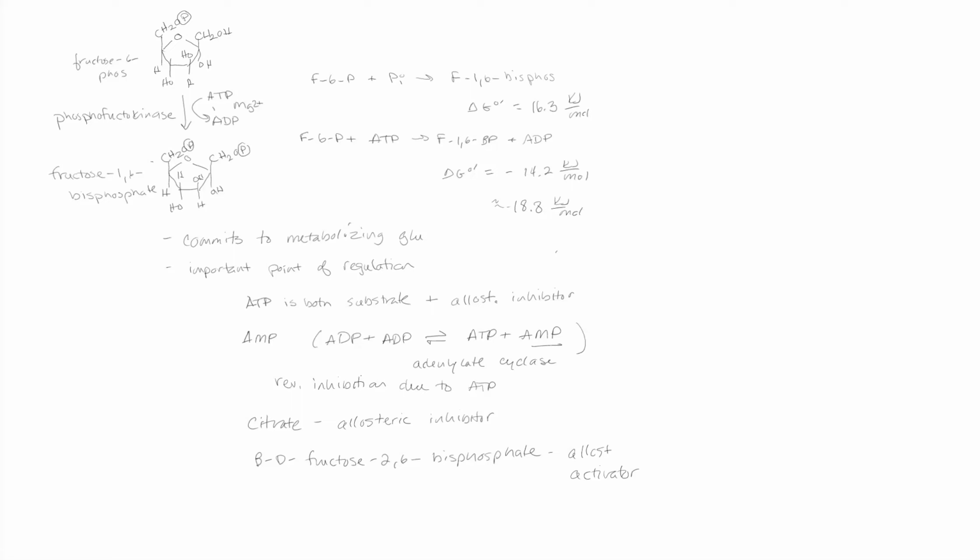So, with that, let's move on to reaction 4, the cleavage of fructose bisphosphate to form two 3-carbon intermediates.